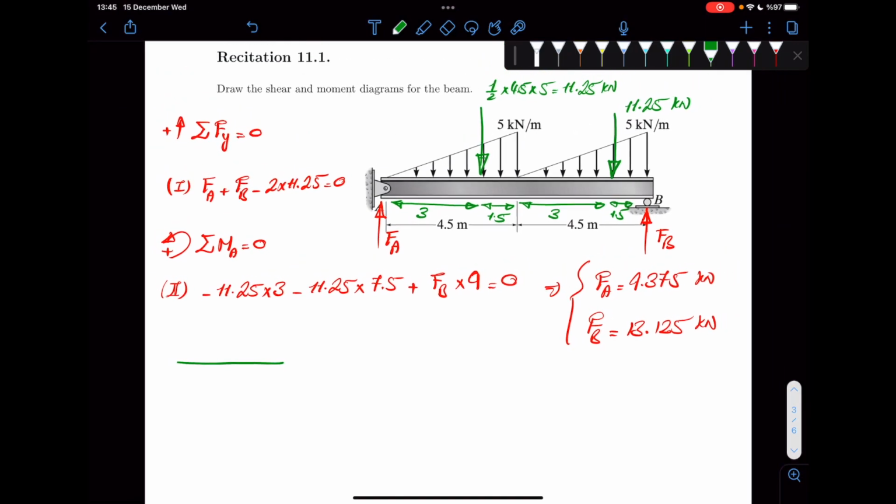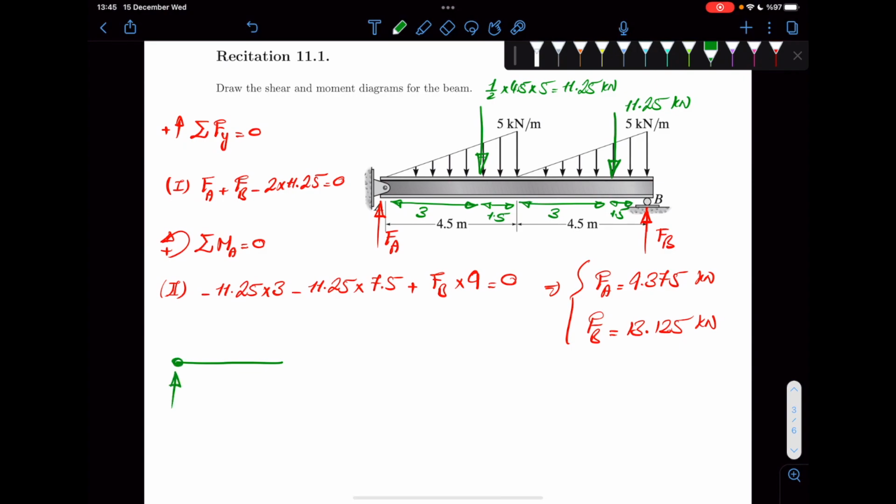So let's say you have something like this. At A, you have FA, which I would just conveniently replace with 9.375. Okay? Then you would have your distributed load.